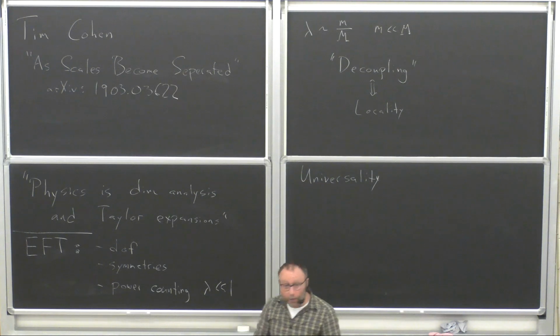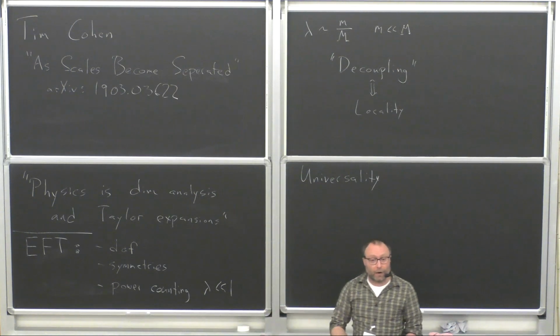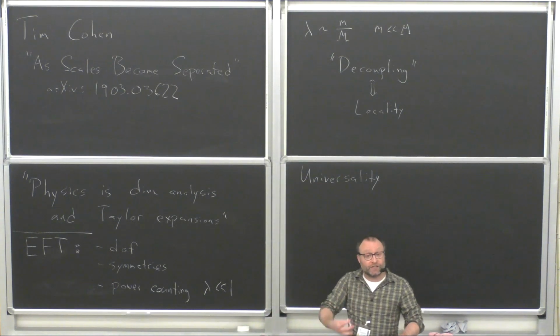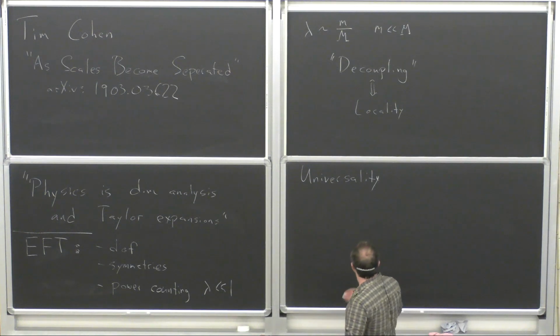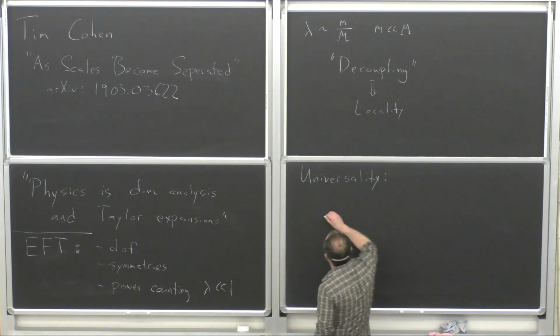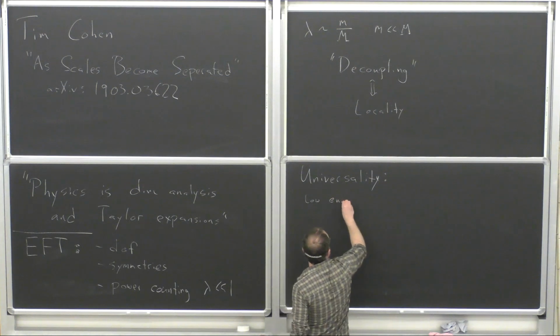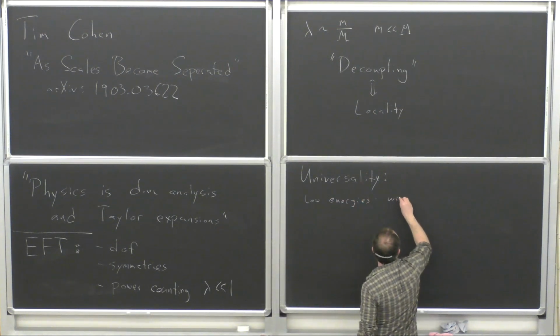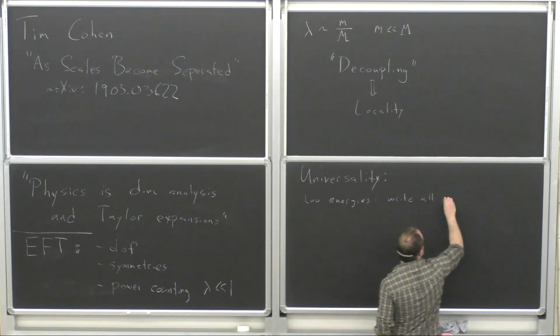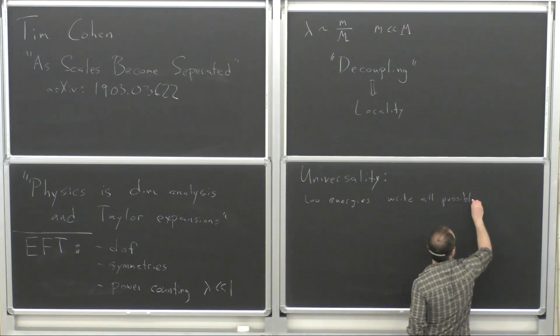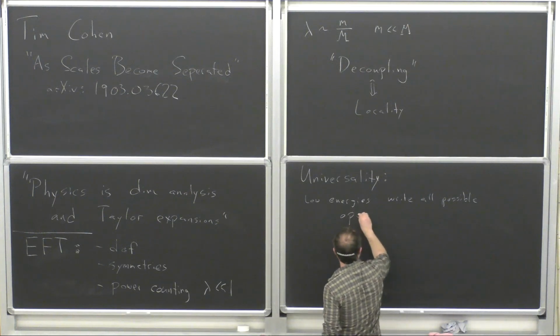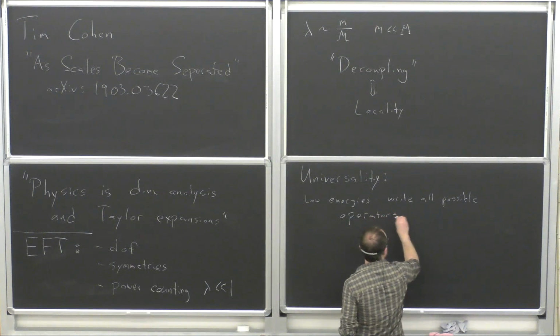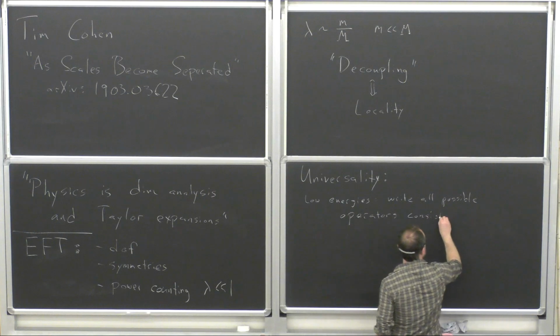And again, as you learned quantum field theory, you were probably introduced to this idea, which is basically that at low energies, we write all possible operators consistent with the symmetries.